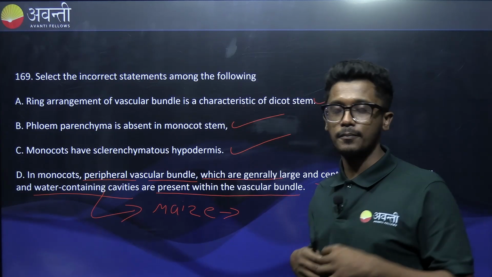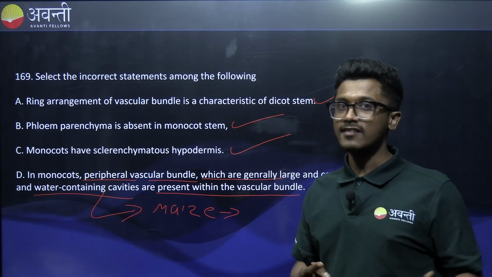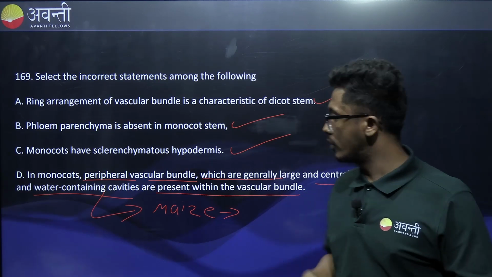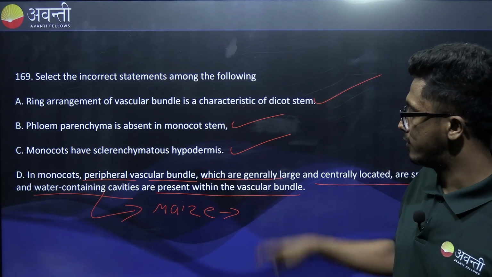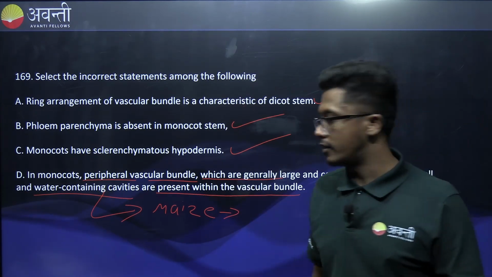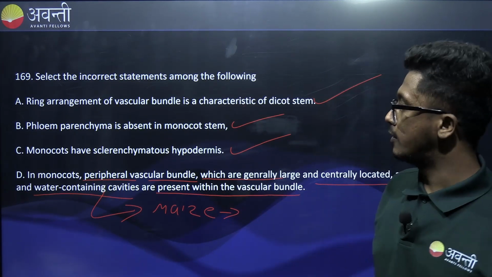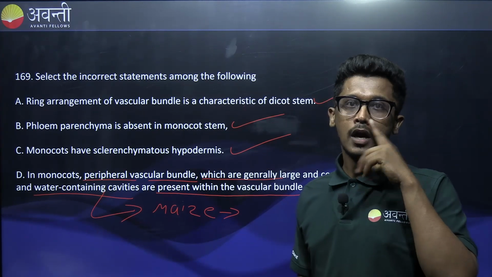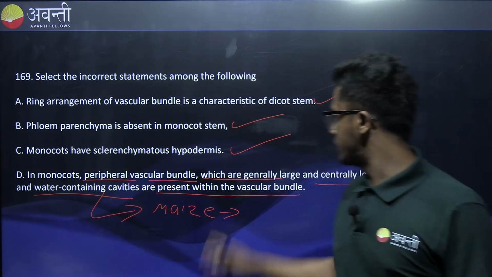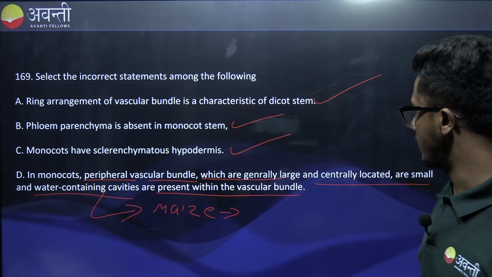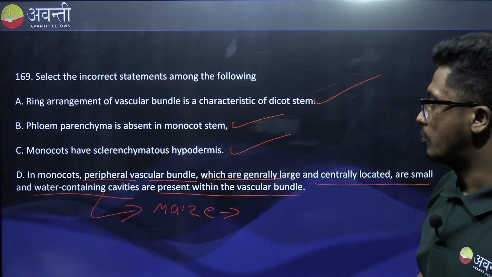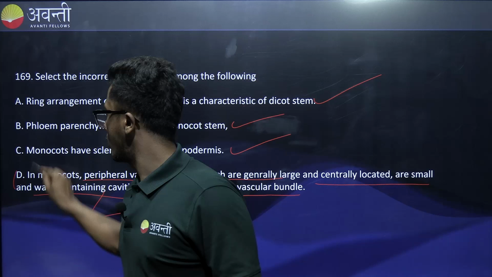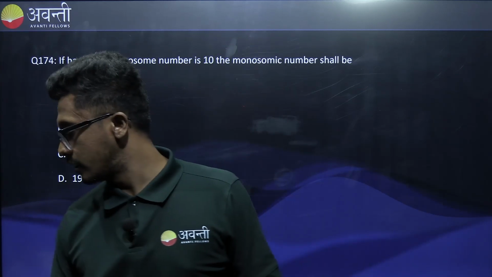It's not a characteristic feature of all monocots, only some monocots like maize. And the next one is the arrangement of vascular bundles is scattered, with peripheral bundles large and centrally located ones small. So option D is wrong with respect to the 169th question.